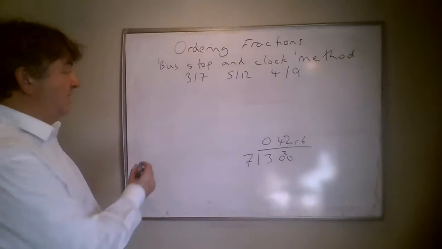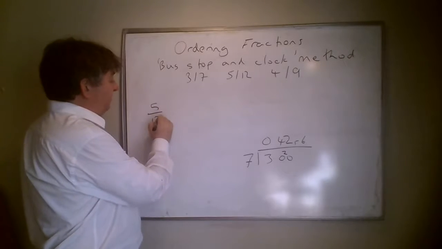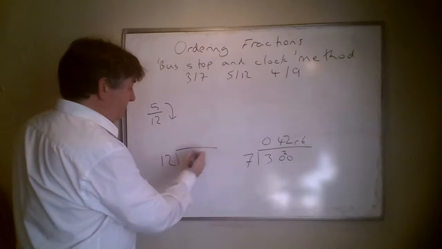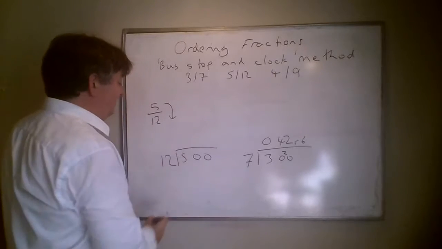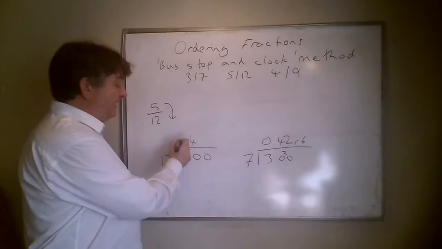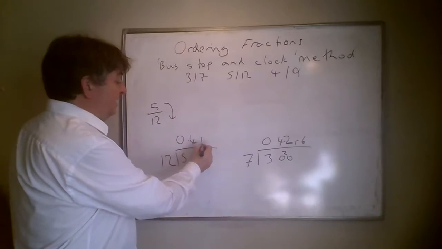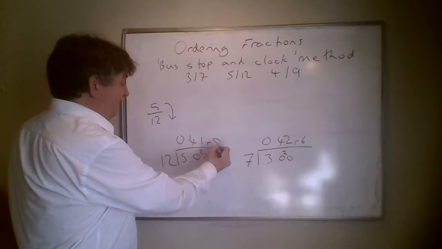Let's do the second one. 5/12. Again, 12 goes outside the bus stop, 5 is inside, 12 into 50 goes 4, leaves 2, 12 into 20 goes 1, remainder 8.